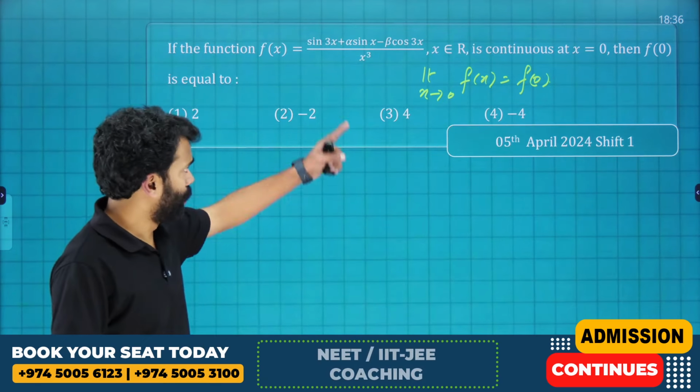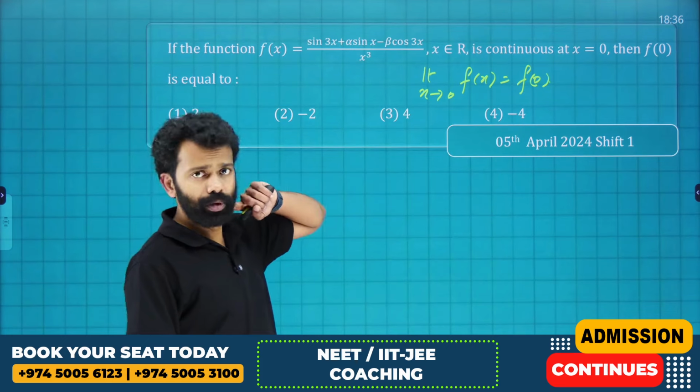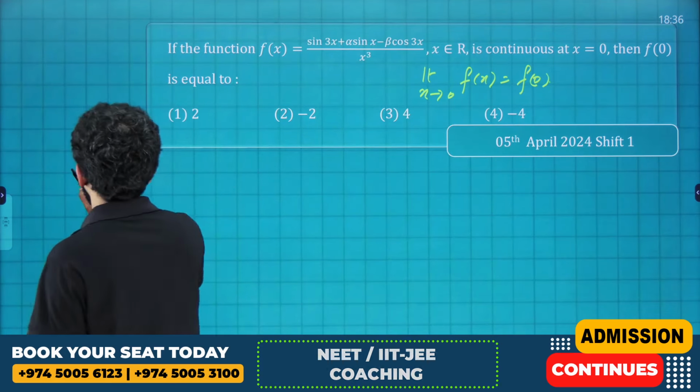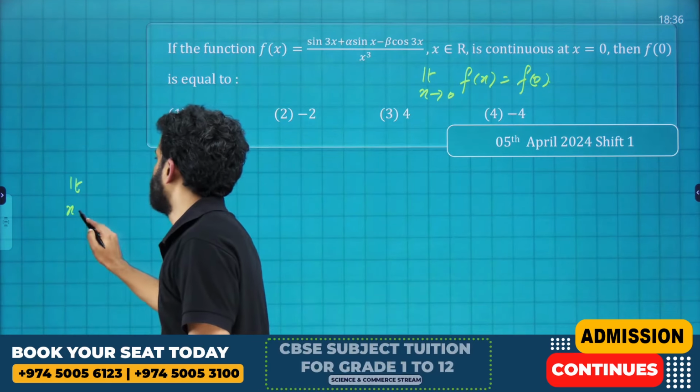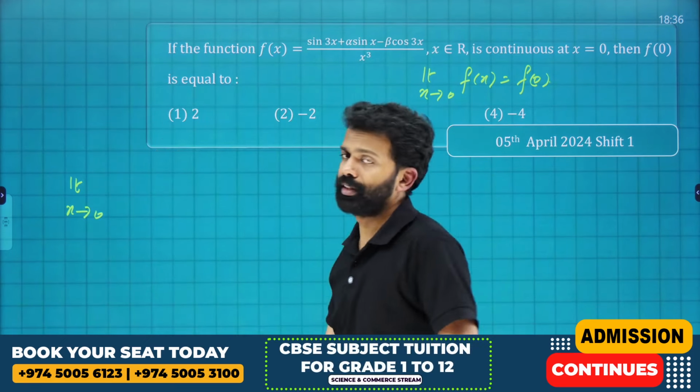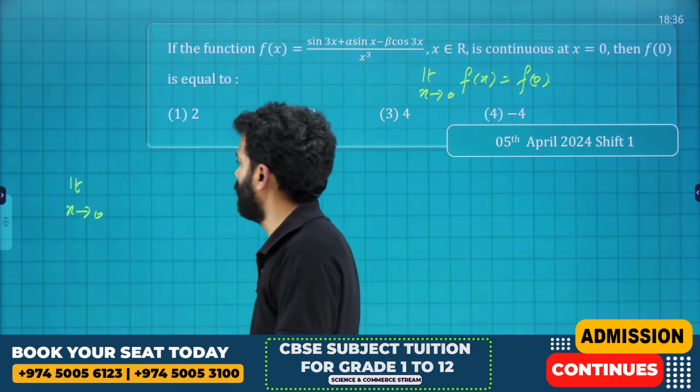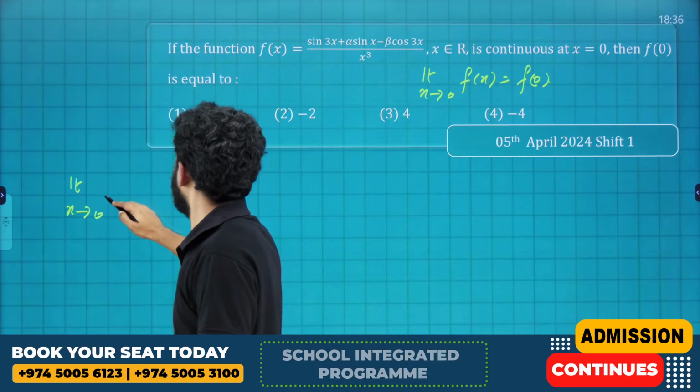Okay, and let's use Maclaurin series to solve this. It will be better. Therefore, it will be limit x tends to 0. What is sin 3x? How will you formulate sin 3x? Sin x will be x minus x cube by 3 factorial like that.